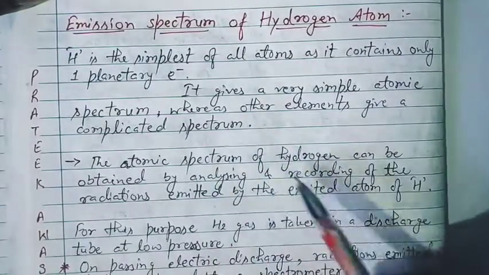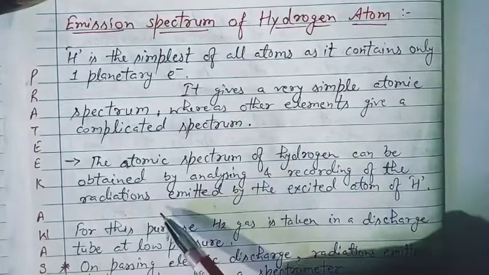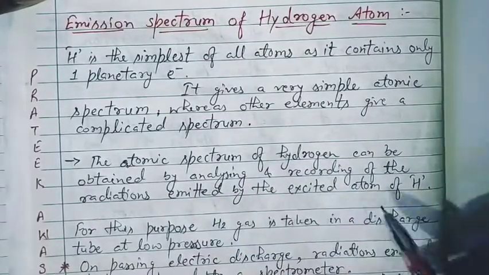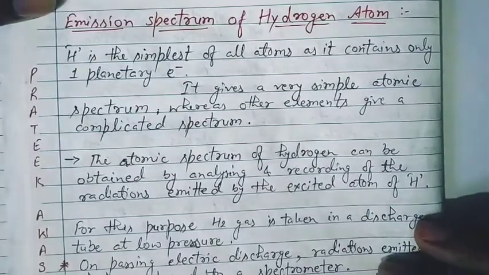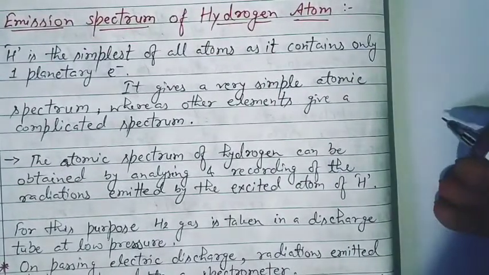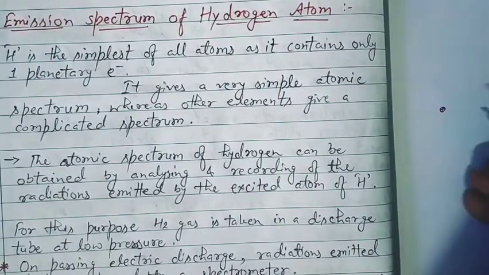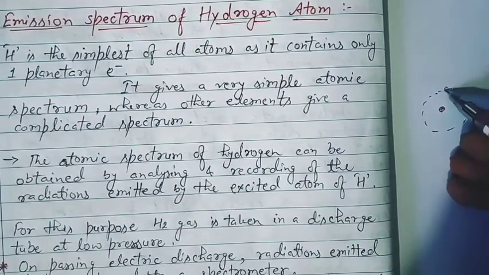The atomic spectrum of hydrogen can be obtained by analyzing and recording the radiations emitted by the excited atom of hydrogen. For example, if you can see this diagram, this is a nucleus where the hydrogen atom is, and in the orbit one electron is revolving.